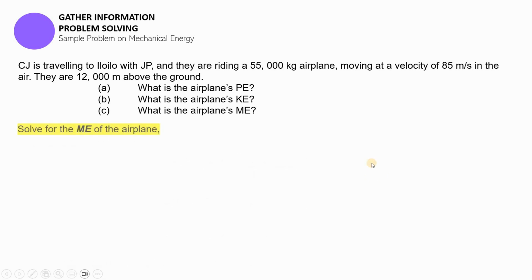In solving for ME, we'll be using what kind of formula? Now, I want you to be the first one to write it down. Is this the formula you're gonna use? Very good. Now, substitute the givens. Substitute the factors which you solved for. Write them down.